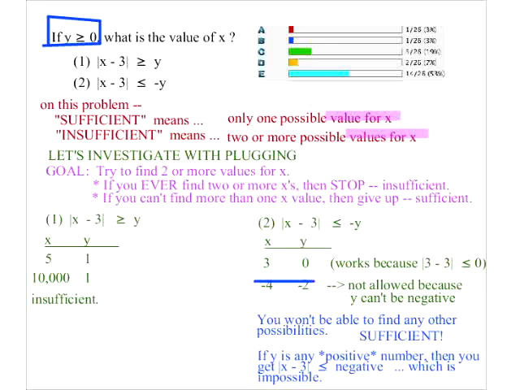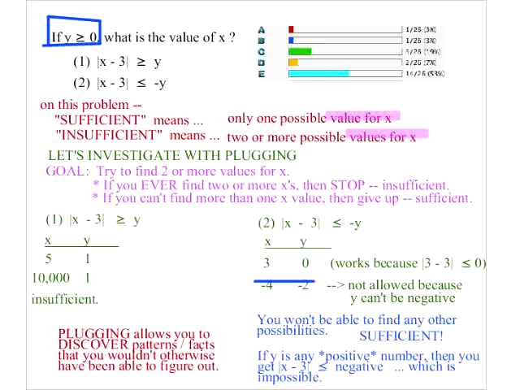So the other point about plugging is that plugging allows you to discover patterns or facts that you wouldn't otherwise have been able to figure out. Because from the results of the polling here, it's clear that you guys didn't really figure this out.